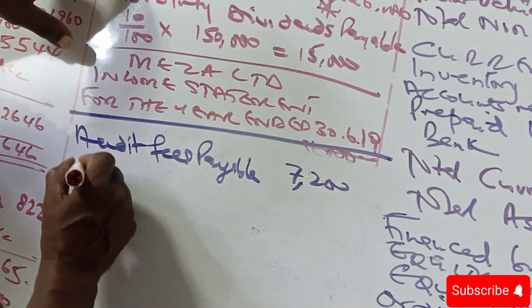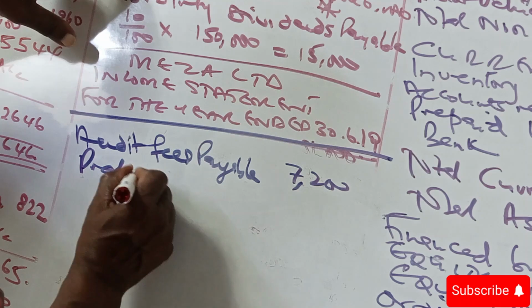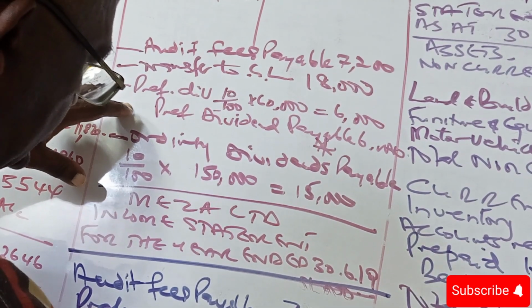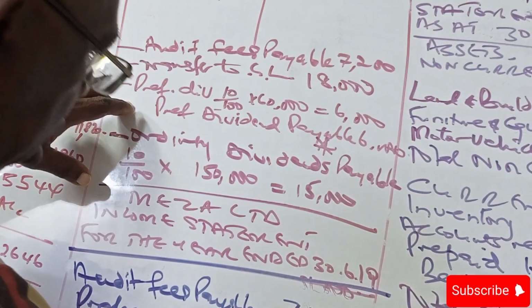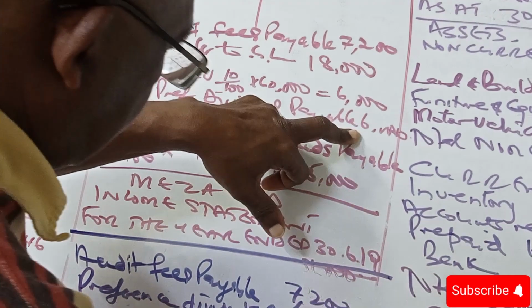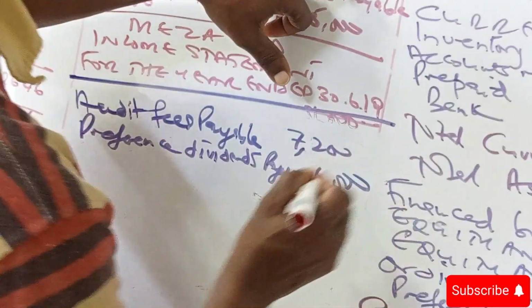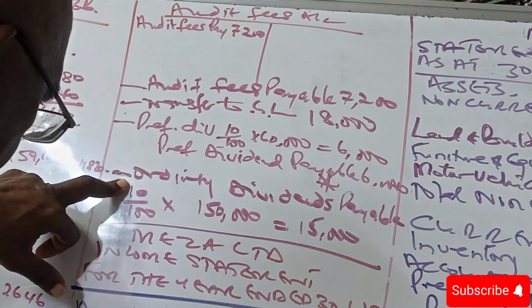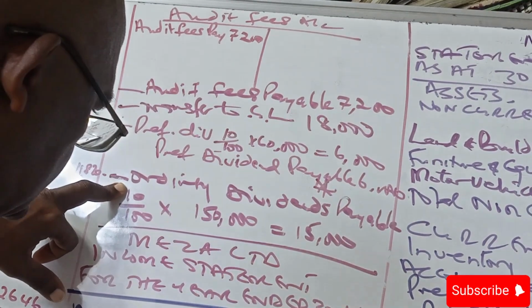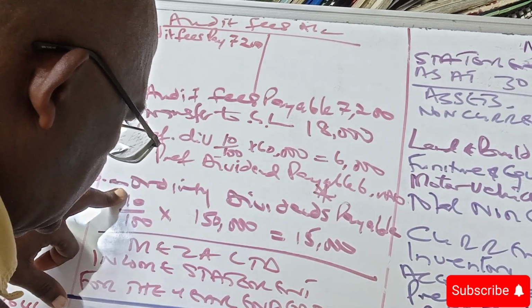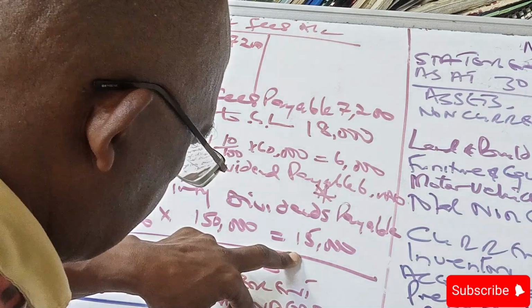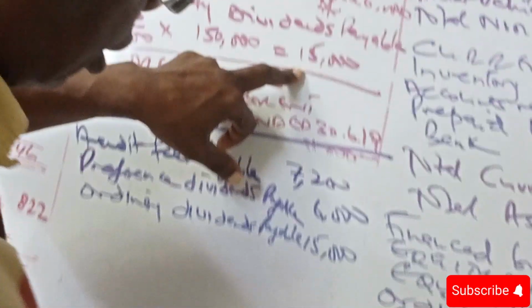Preference dividends payable, amounting to 6,000. Ordinary dividends payable, amounting to 15,000.